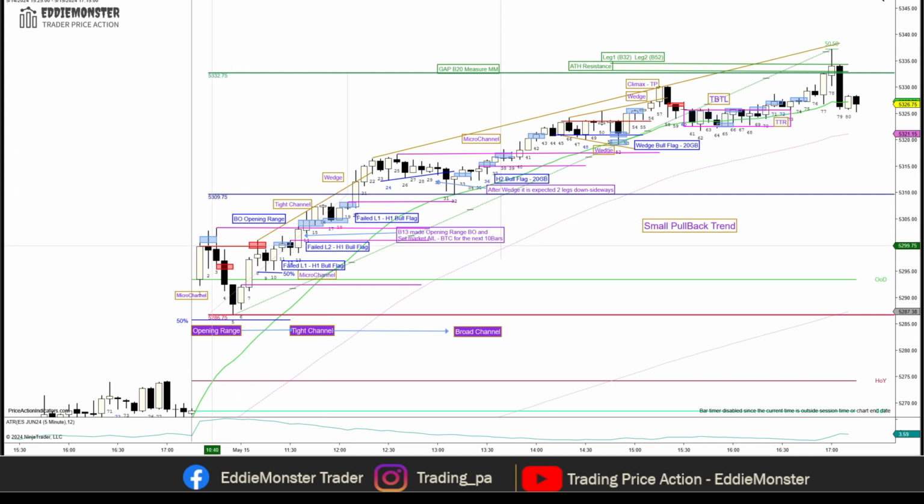So if you are short here and you're short here, you probably are getting out here with one tick profit, and that's why 10. So if you are selling here and selling here, you're getting out at break even or even one tick profit here in 12.